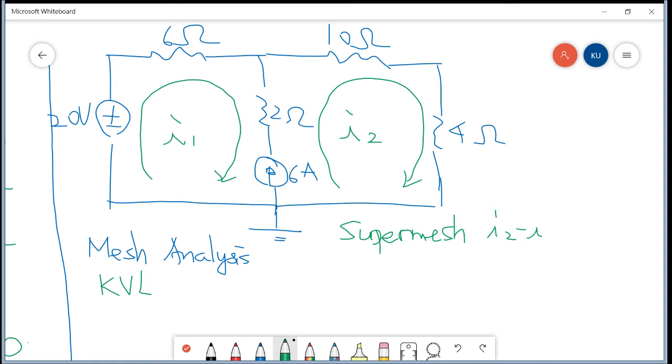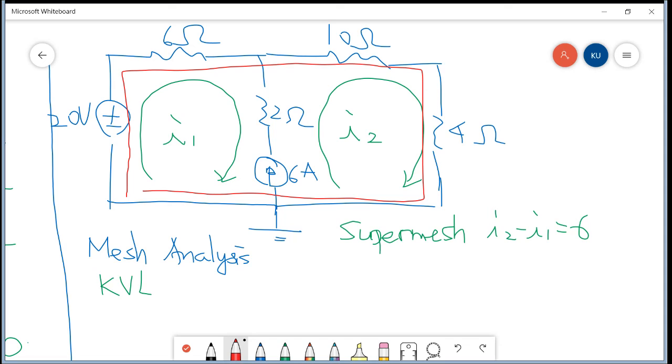I2 minus I1 is 6A, because I2 is going up for this branch, and I1 is going down for this branch. So the current is 6A going upward, so it should be I2 minus I1. And in that case, we should consider the super mesh like this.